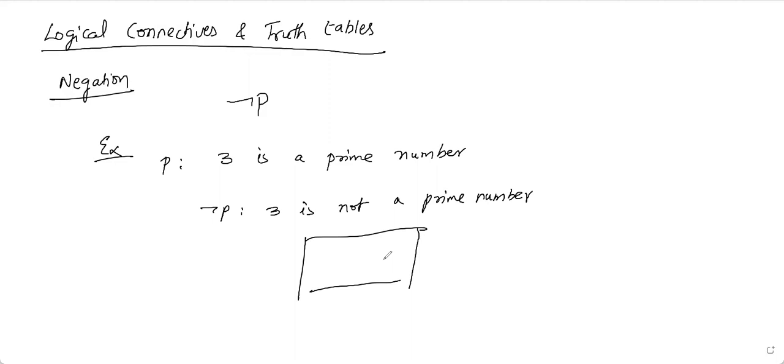In other words, if the truth value of P is 1, then the truth value of not P is 0. So for P and not P, this is 0, this is 1, and 1, this is 0.